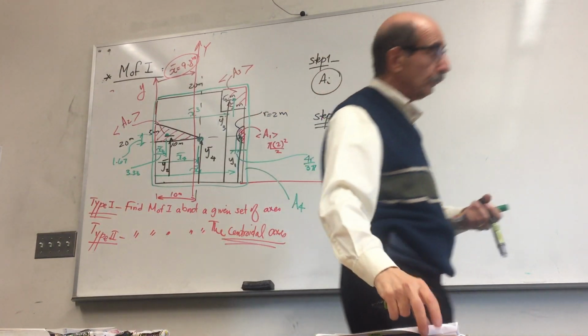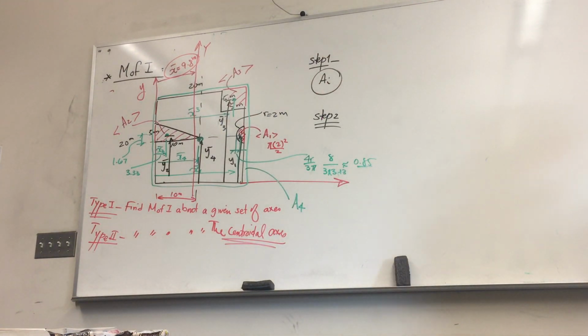So you just tabulate those. If you do that, you get 10, 11.67, 17.5, and 10.